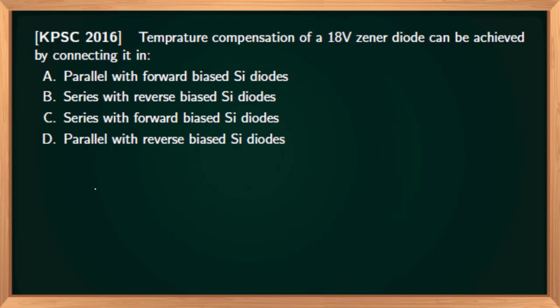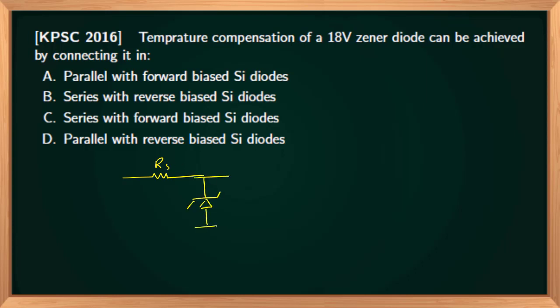So we need a temperature compensation circuit for Zener diodes if the Zener diode voltage is more than 6 volt. Otherwise, power dissipation will produce heat in the circuit and the Zener diode voltage will change accordingly. Now, if we consider a Zener diode regulator circuit, we have a series resistance Rs and the Zener diode.